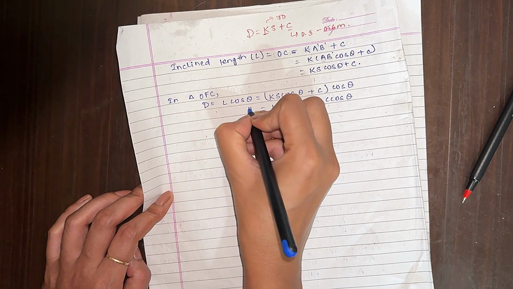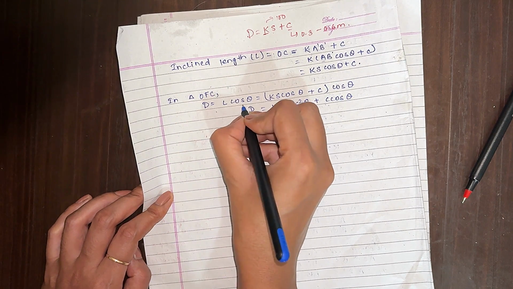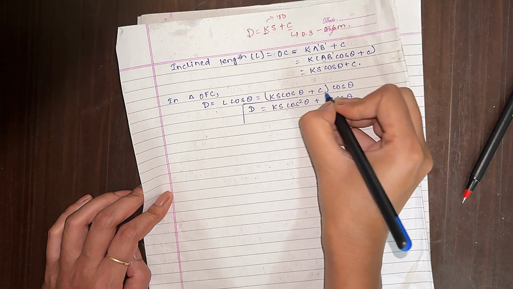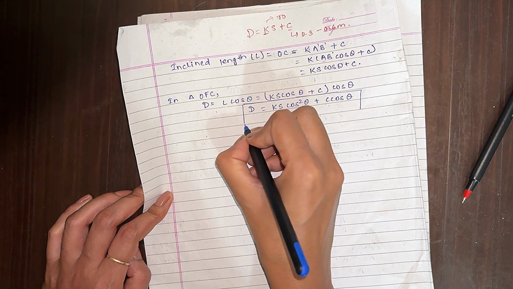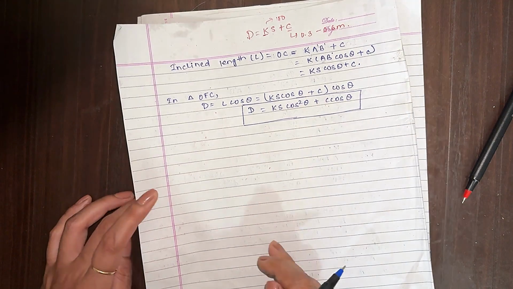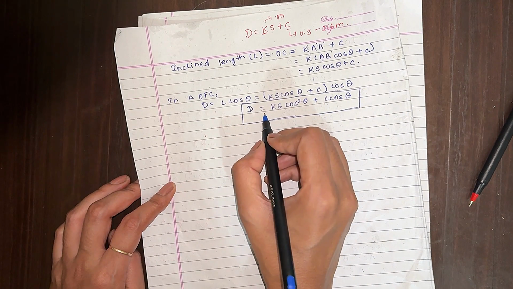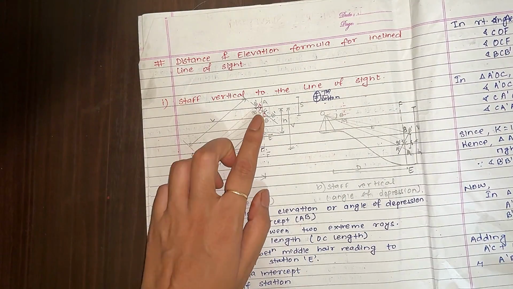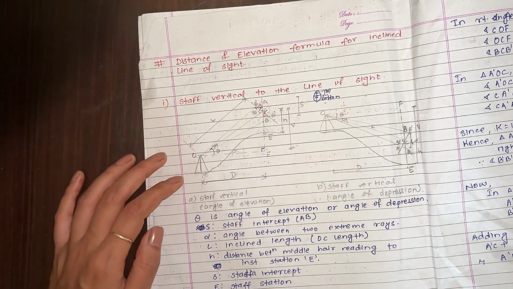So this is the formula for the horizontal distance when the staff is vertical to the line of sight.